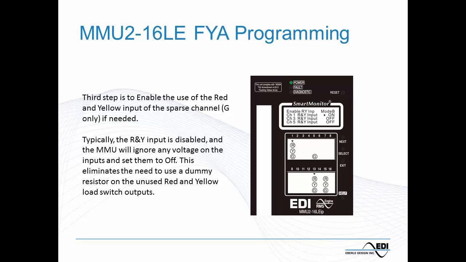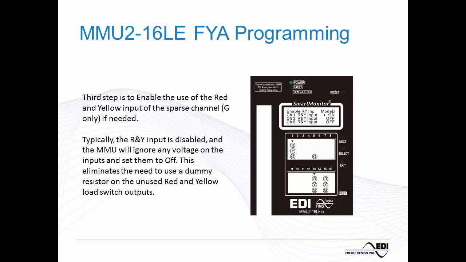I've seen cases where, again, we don't have enough channels. We want to do a hardwired right turn overlap using the red, the yellow, and the green of the associated protected left turn.